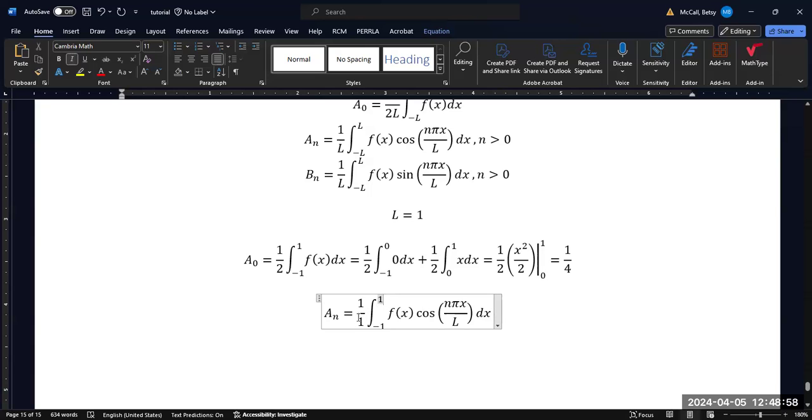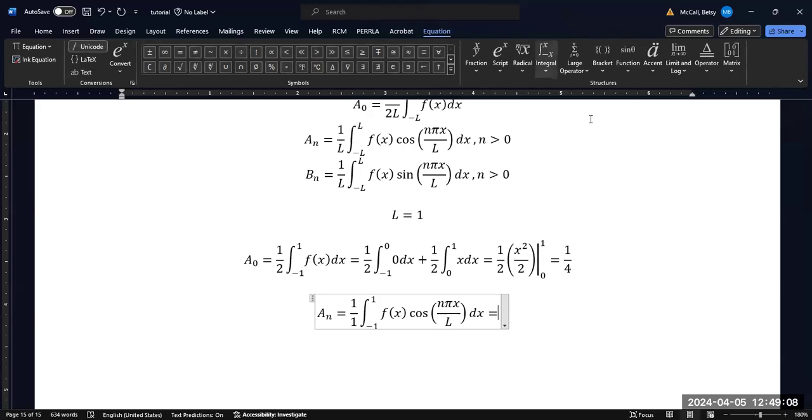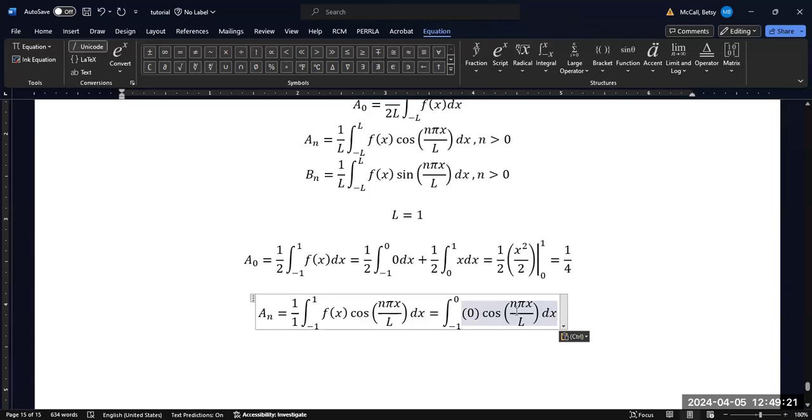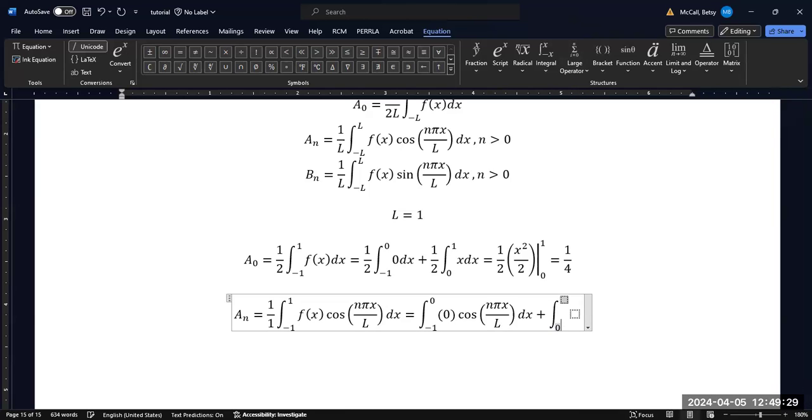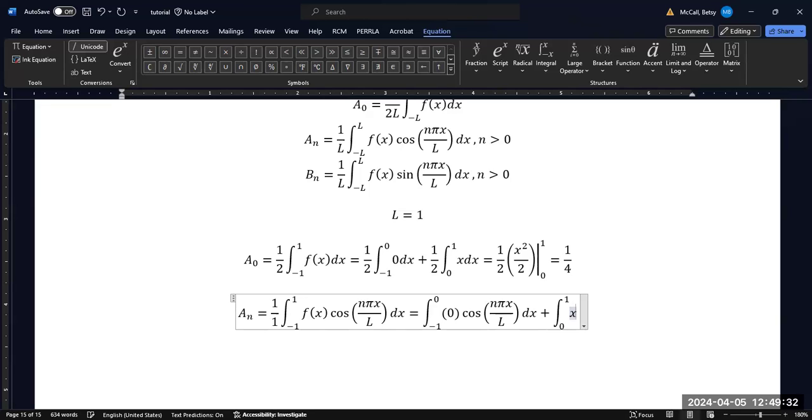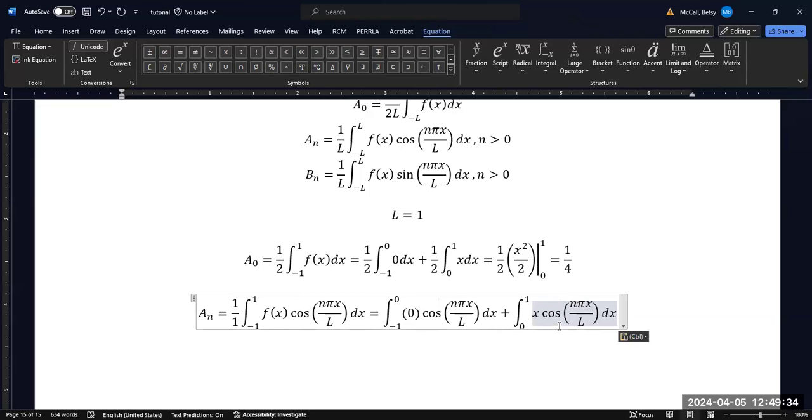But when I plug in my f of x, I'm going to be integrating from negative 1 to 0 of 0 times this piece plus the integral from 0 to 1 of x times this piece.